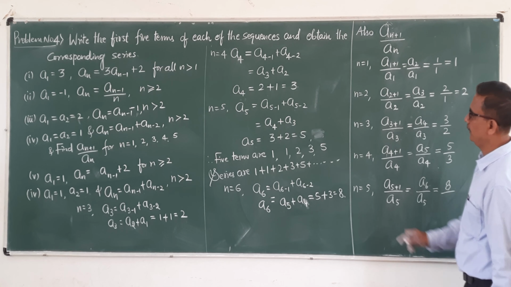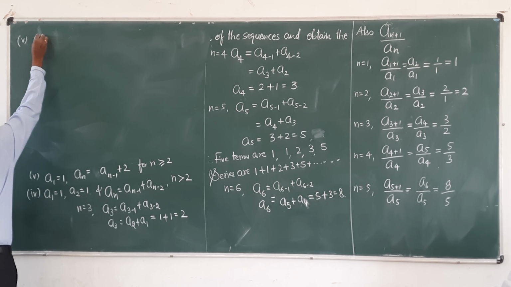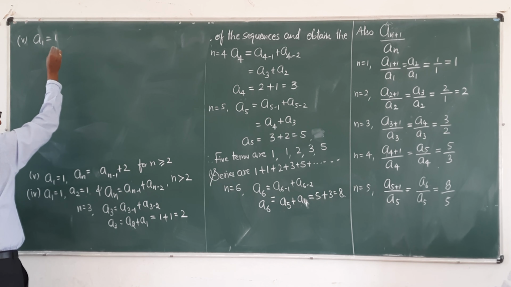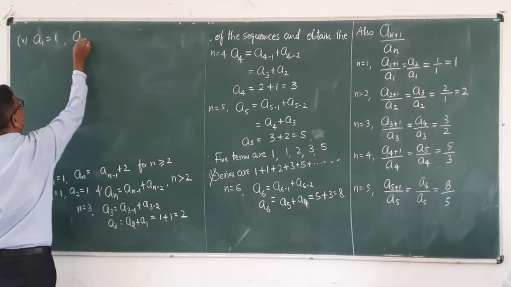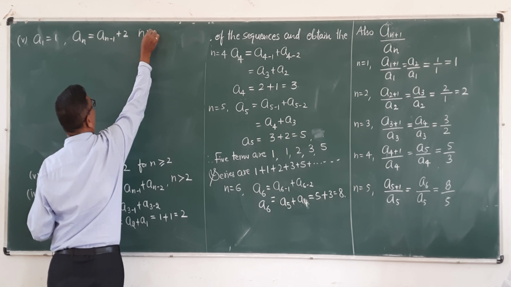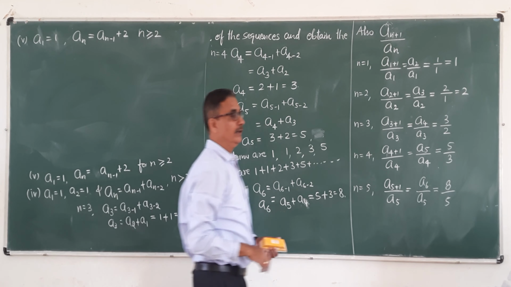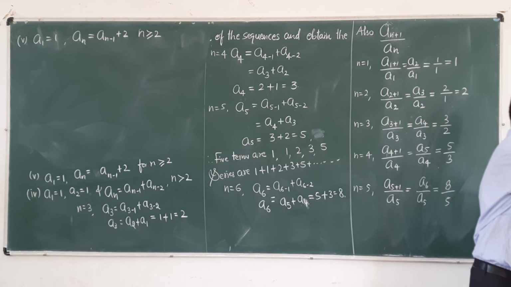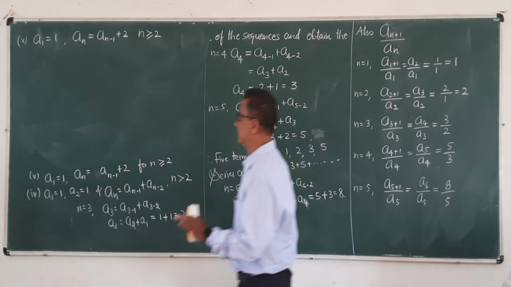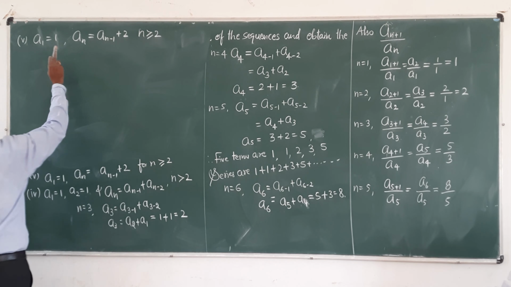So the fifth problem is a1 is equal to 1 and a(n) is equal to a(n minus 1) plus 2 for all n more than or equal to 2, to find 5 terms and the corresponding series. Now take the number n, which should be either more than 2 or equal to 2.